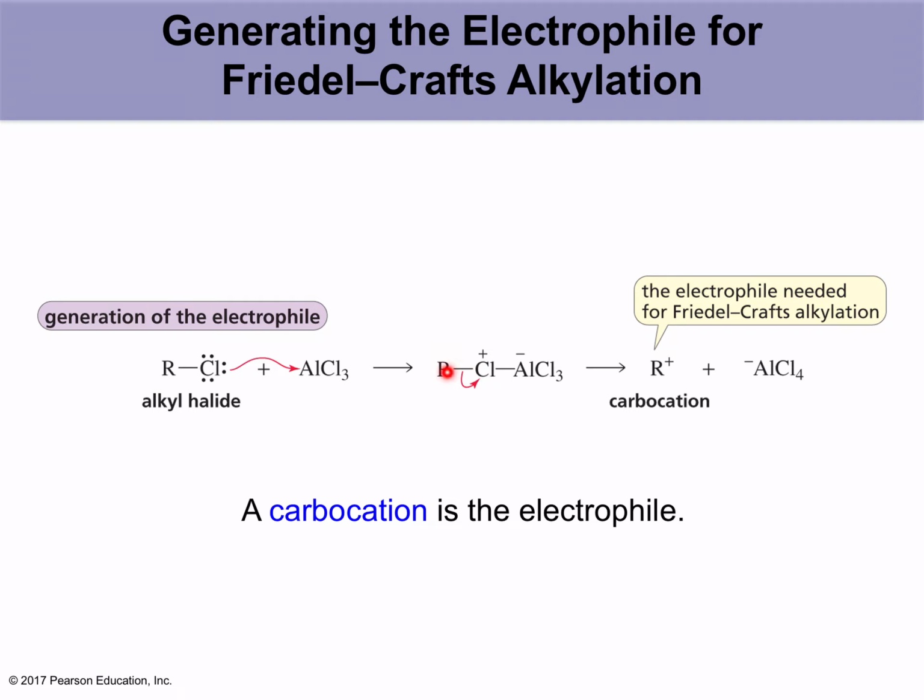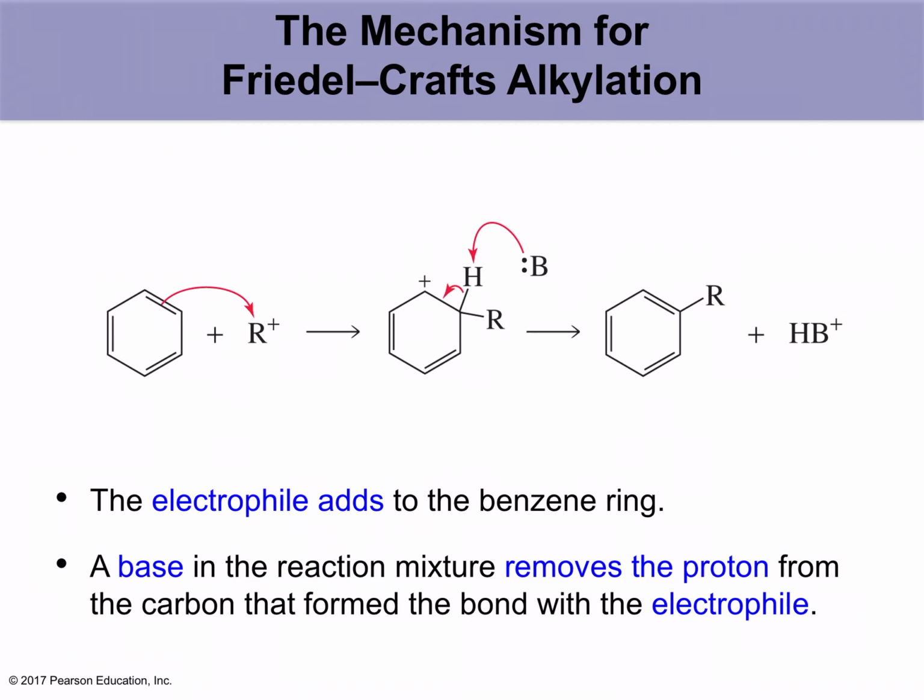So then, since the 2 electrons on the bond go to the chlorine, the alkyl group will end up having a positive charge, which is a carbocation. And that is the electrophile needed for the Friedel-Crafts alkylation. And then it takes the same form of mechanism. Benzene ring attacks the carbocation, and then the base takes a proton and regenerates the benzene aromaticity.